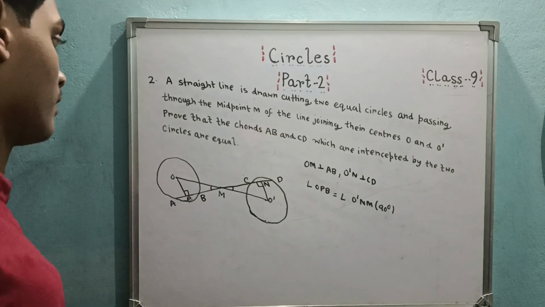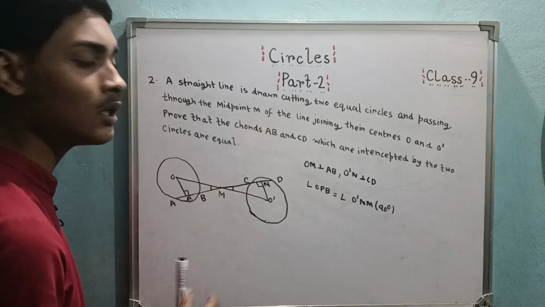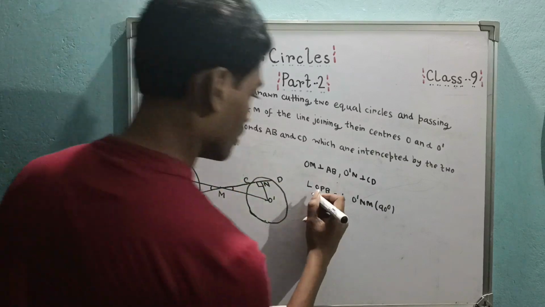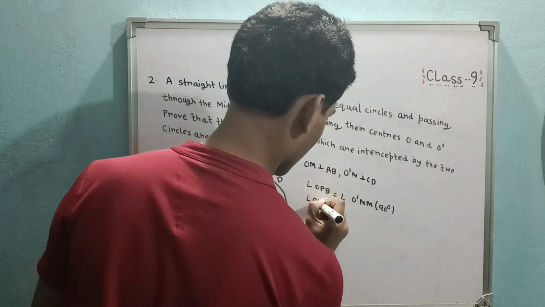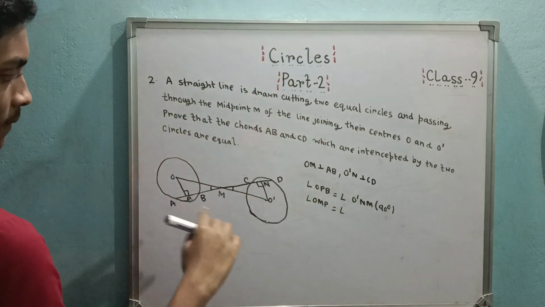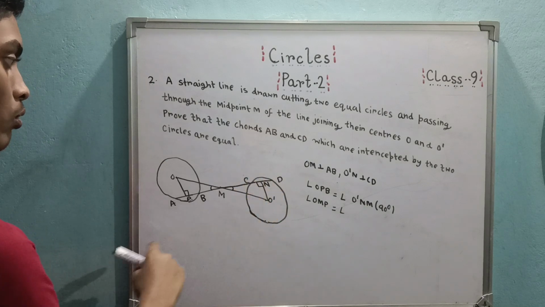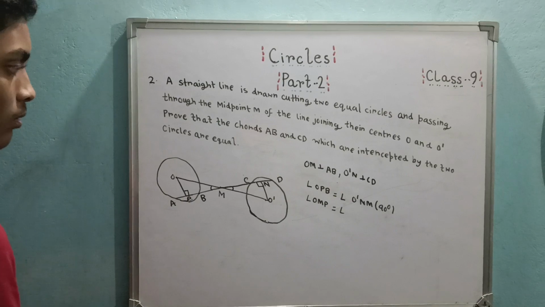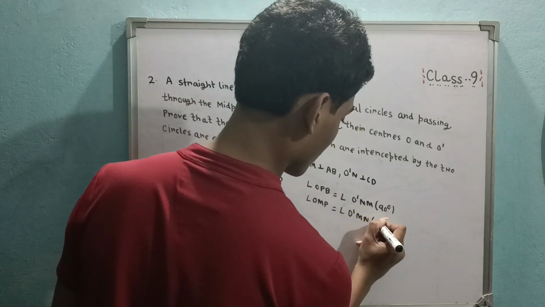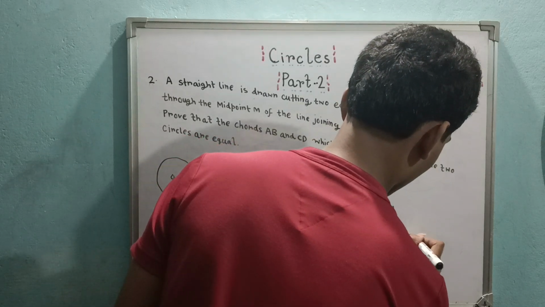So if you have two triangles like this, and these two angles are vertically opposite, then angle OMP equals angle O dash MN. So these are vertically opposite angles.